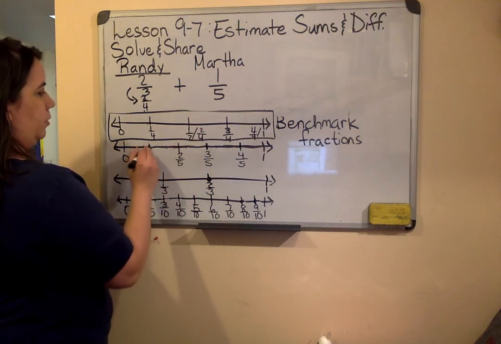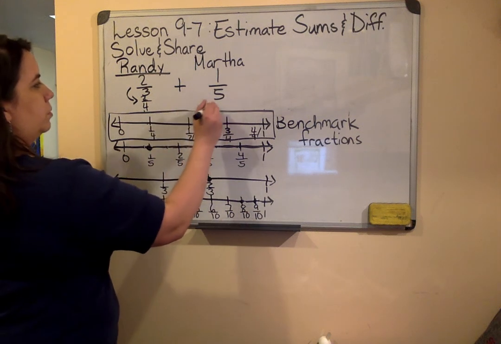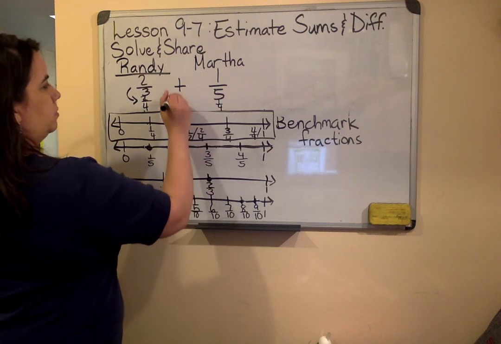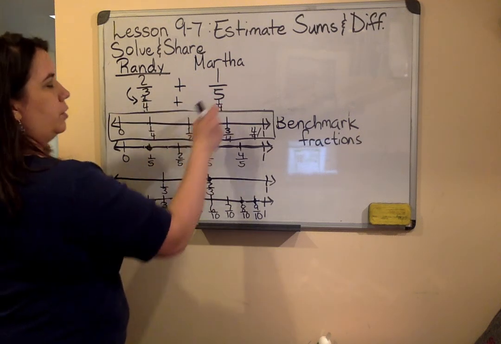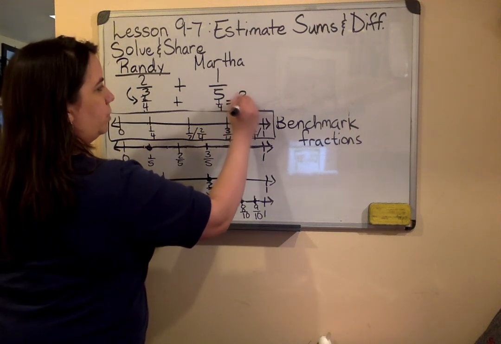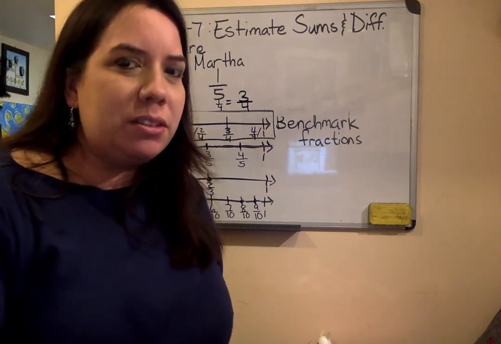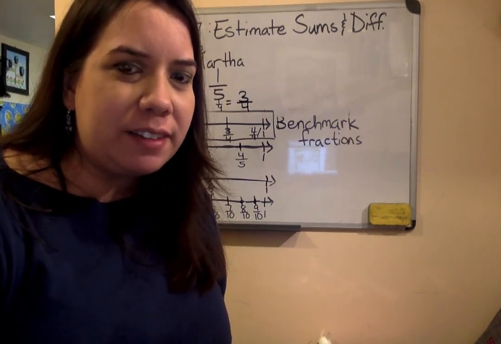1/5, that's over here. That's about un cuarto. Un cuarto. Now we add it up. 2/4 plus 1/4. That's about 3/4. 3/4. Did they buy about a pound? Is that a close enough estimate for us?